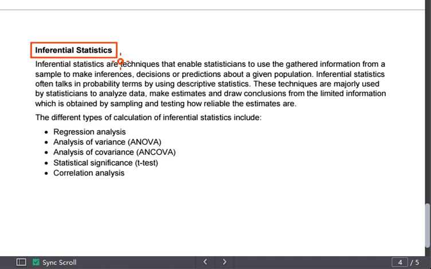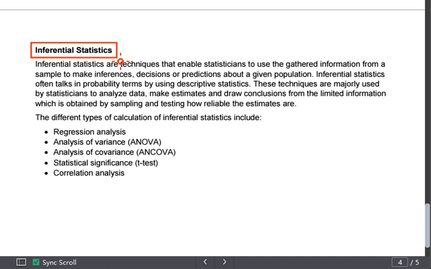So sabi ko kanina, we will test hypothesis kasi kapag we are testing hypothesis, we are making a smart guess. We are guessing. When we are guessing, we are drawing conclusion and we are predicting what will be the result of something.